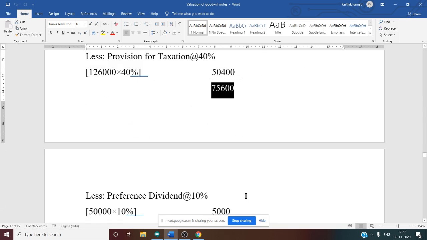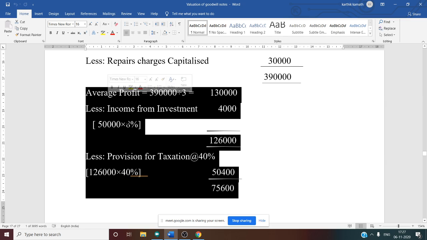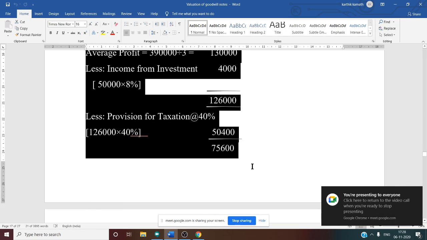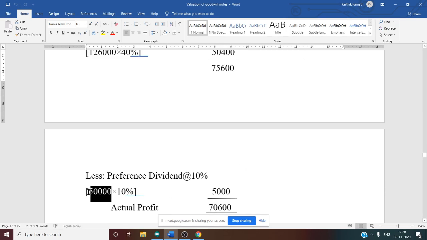Any other adjustment? Yes, there is a preference dividend, it is to be deducted. Why? Because whatever we are doing now from here onwards, average profit onwards, it is one kind of market value method. This we have already discussed. That is why dividend payable to preference shareholder needs to be deducted. So preference share capital we know 50,000.